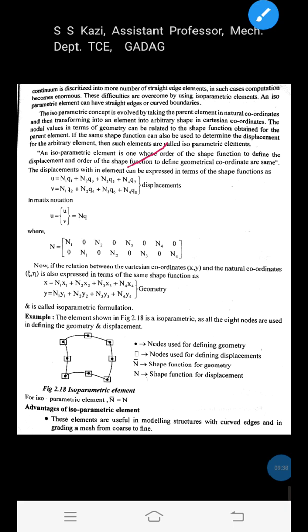q1, q3, q5, q7 are the x component displacements at nodes 1, 2, 3, 4, and q2, q4, q6, q8 are the y component displacements at nodes 1, 2, 3 and 4.